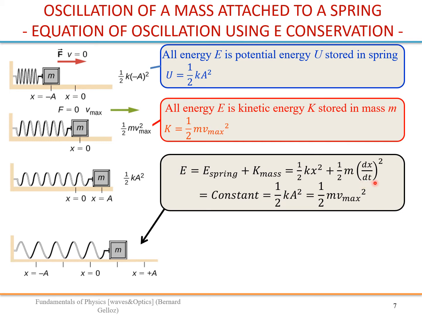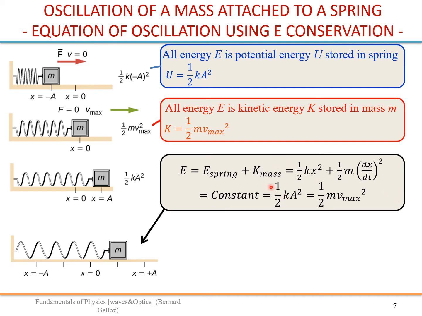The energy is constant, so this expression is a constant, and that constant can be expressed as either of these two. So when you have problems to solve, sometimes they will give you a. If they give you a and k, you know that constant. Or if they give you the maximum speed and the mass, etc.